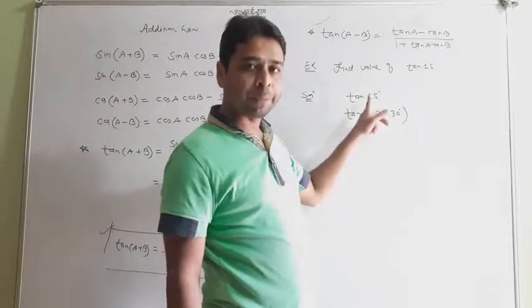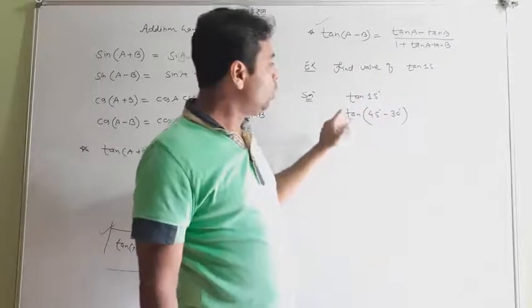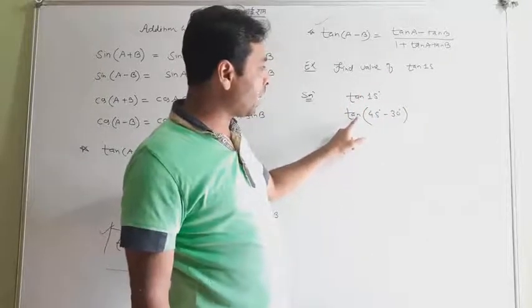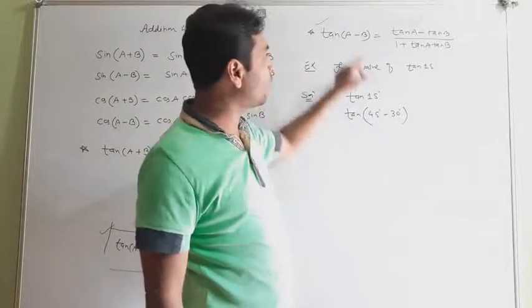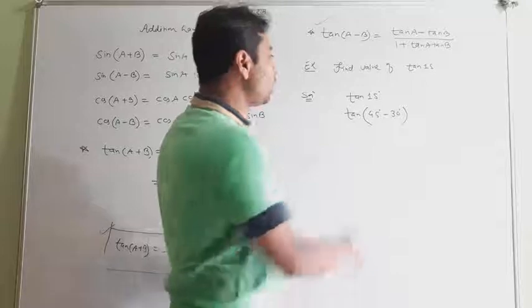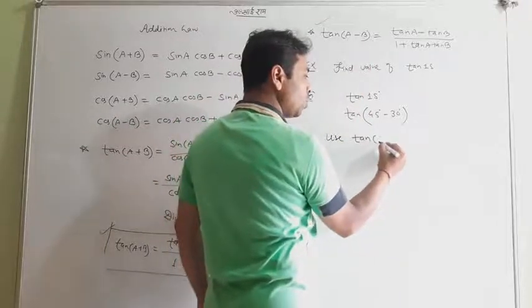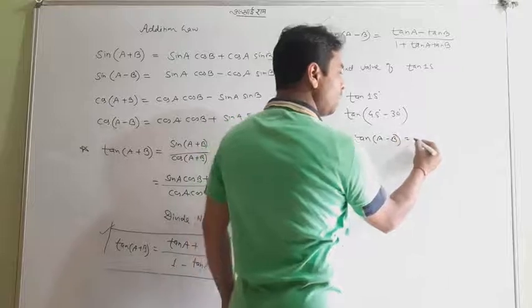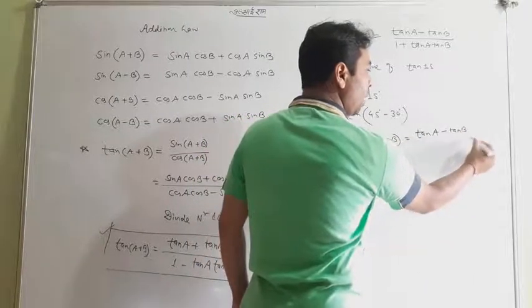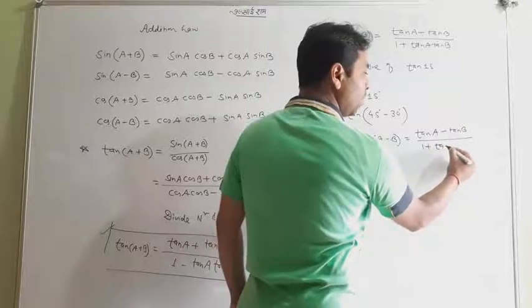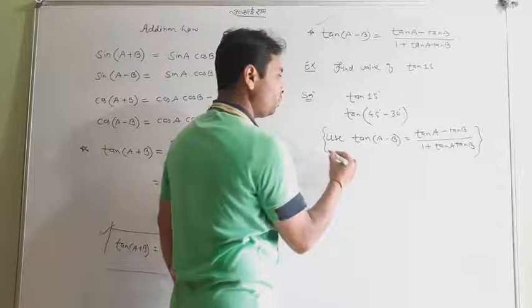Now think of 45 as A and 30 as B, and look at tan(A-B). Use the formula: tan(A-B) is equal to (tan A minus tan B) upon (1 plus tan A tan B). We can use this formula.